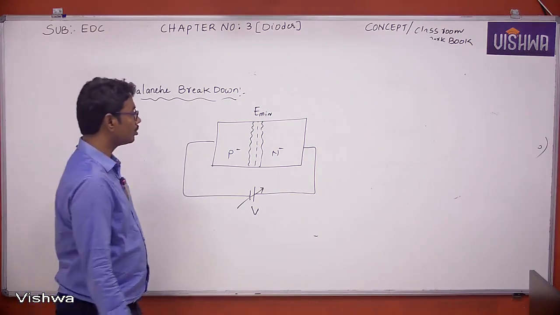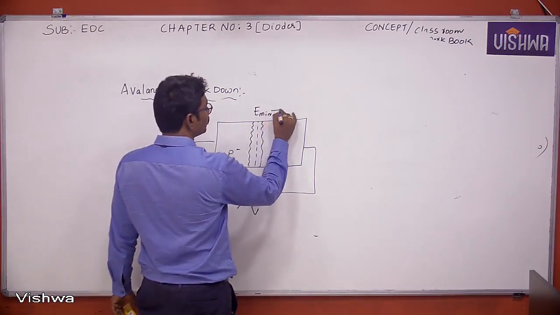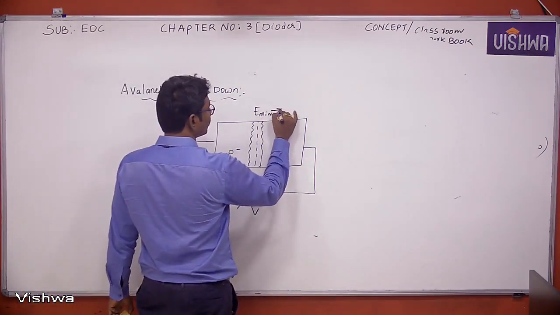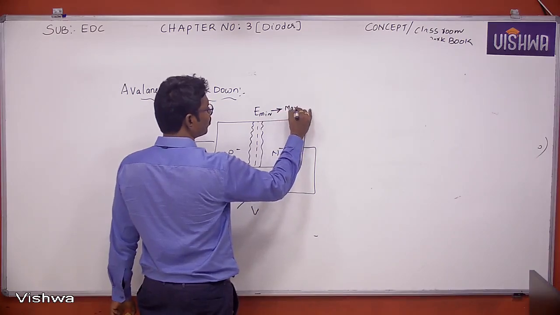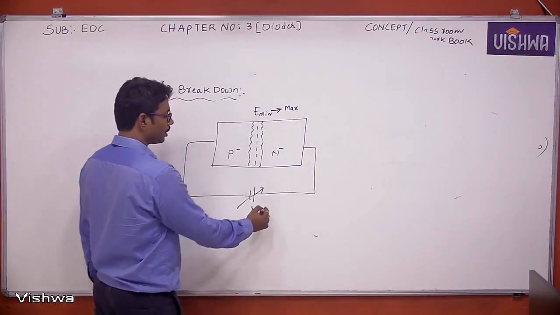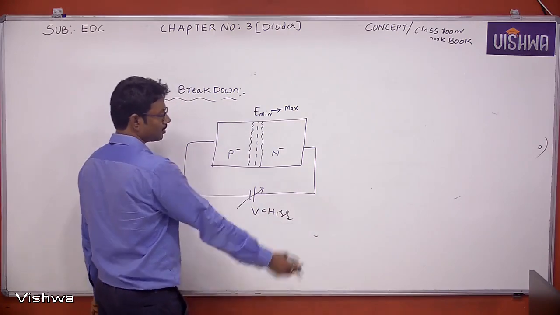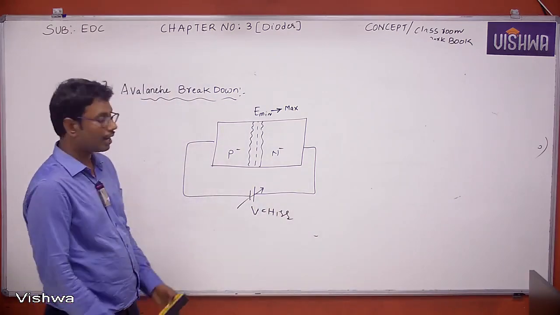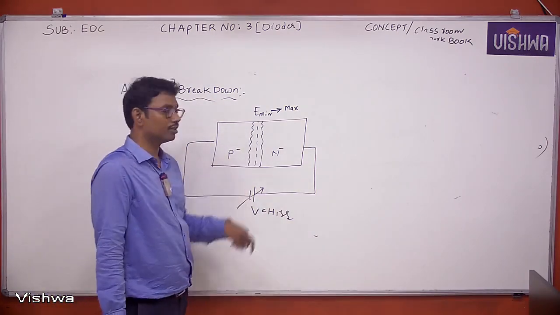So we have to make this minimum electric field maximum, by applying high reverse voltage. That's why avalanche breakdown occurs at high reverse voltage.